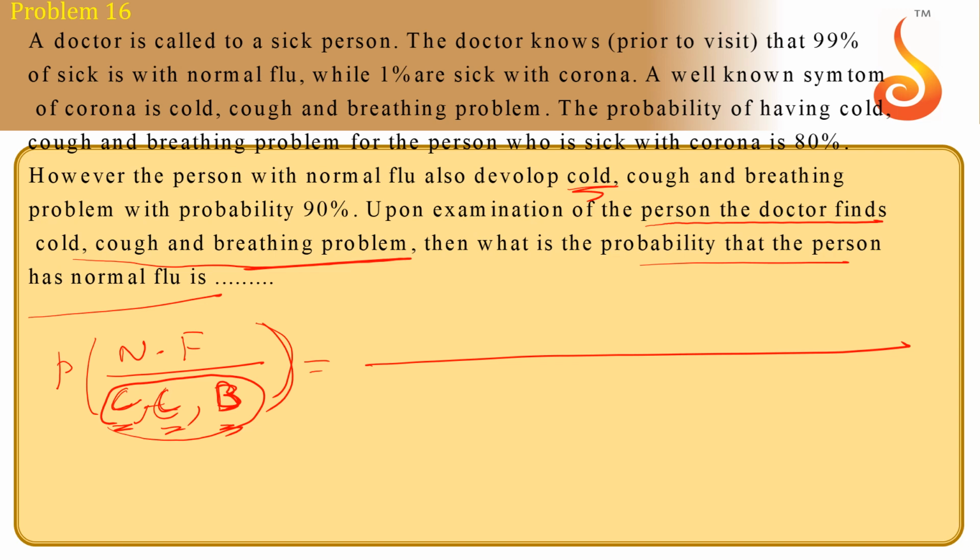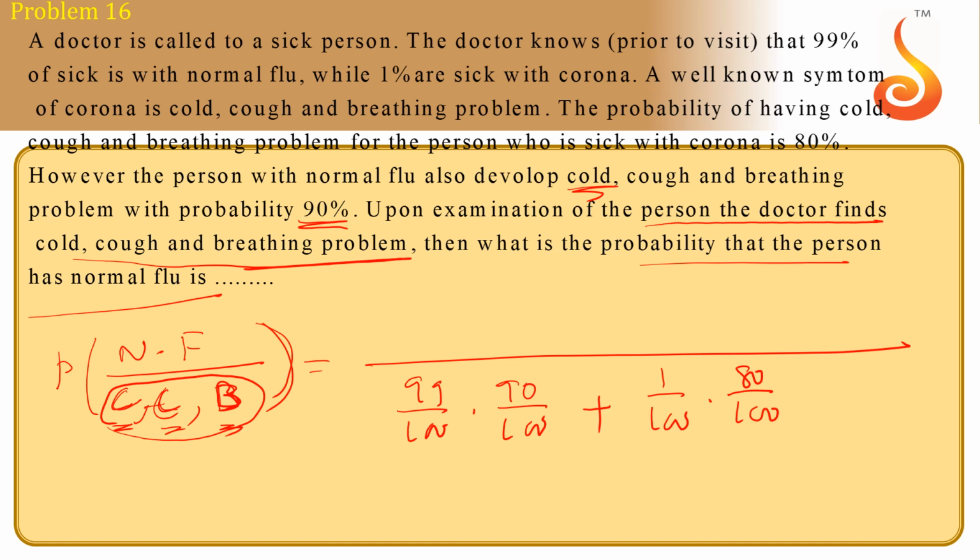He may have normal flu and that symptom, or he may have corona and that symptom. So what is the probability that he will have normal flu? 99 by 100 into the probability that he will have the symptoms due to normal flu, which is 90%, 90 by 100, plus he may have corona with the probability 1 by 100. With corona, having these symptoms is 80 by 100.